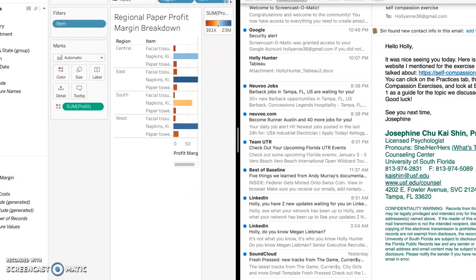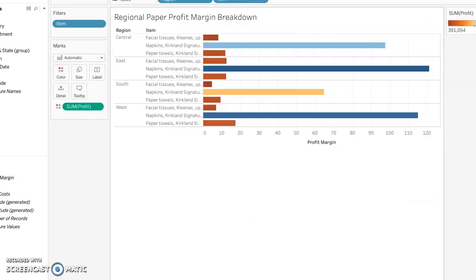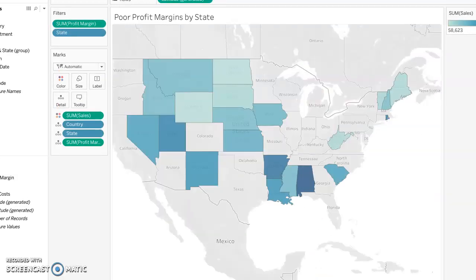From there, sorry that popped up, I decided to go to profit margins by state. And this one, I actually started out with a different approach originally, and I was going to go by region, but the more I looked at the regions, there wasn't a significant region that had most of the states that were performing poorly.